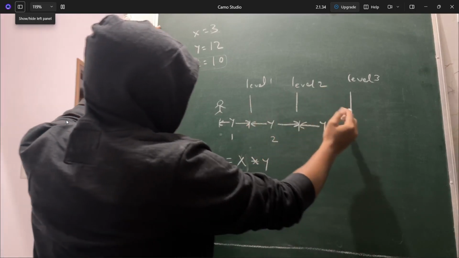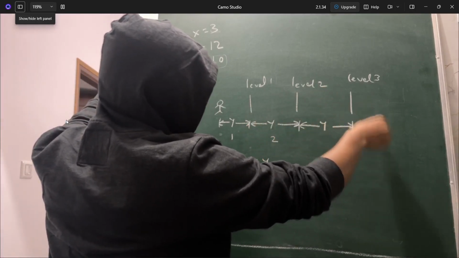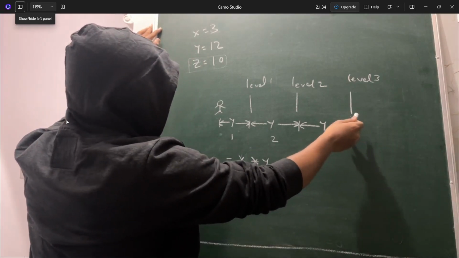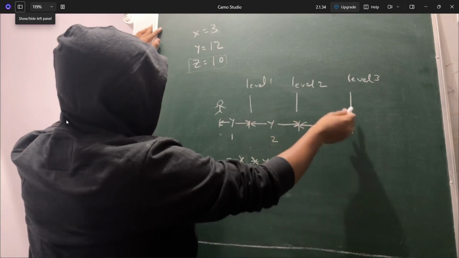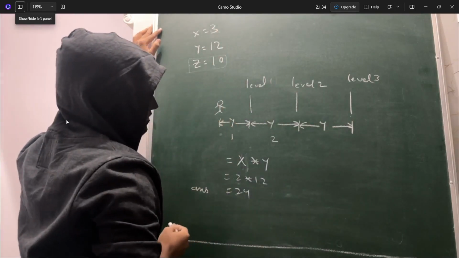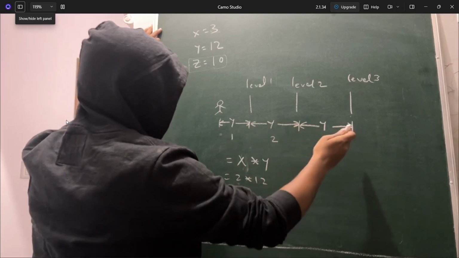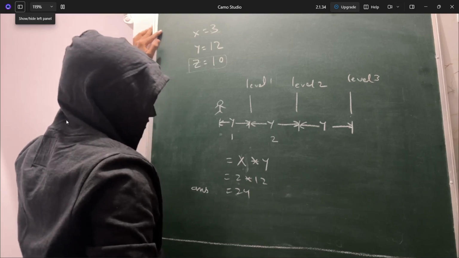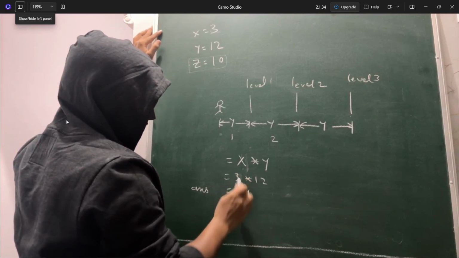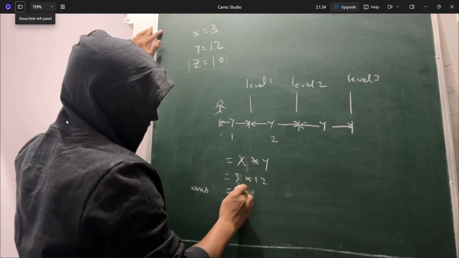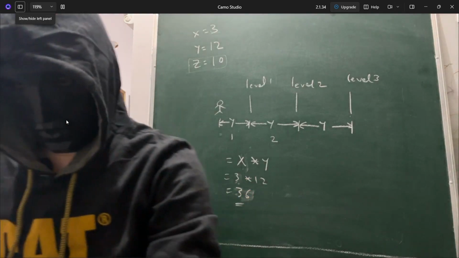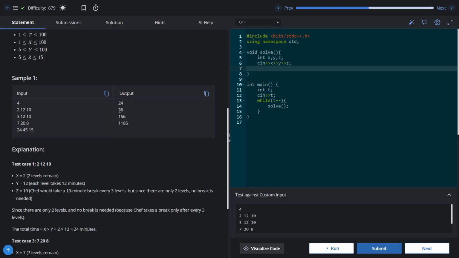Once he completes the third level, he would need to take a rest, but he will not be taking rest because the game has ended, as only 3 levels were remaining. So in this case X is 3 and the answer is 36. Yes, 36 is the answer.